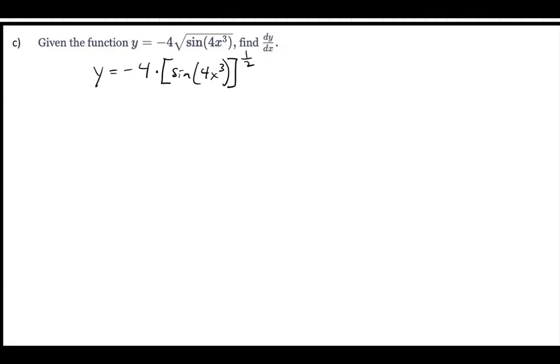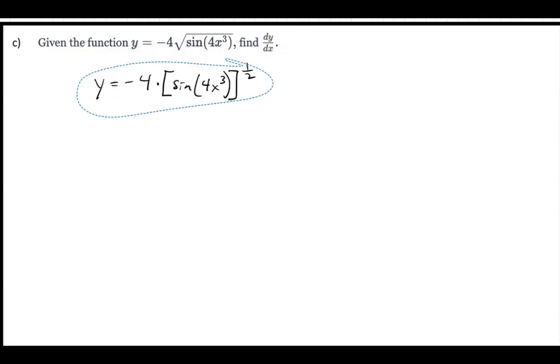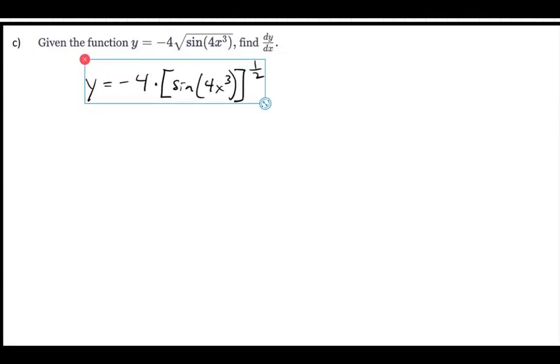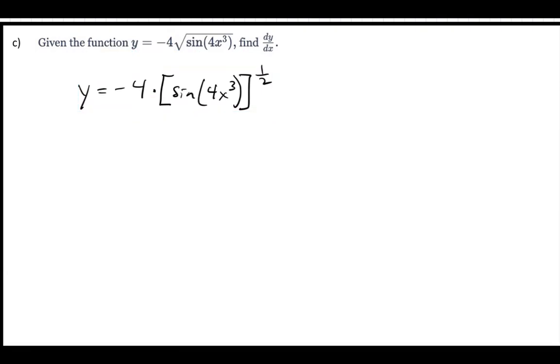Okay, so all right, we start with the outside first, right? The outside is the entire thing, but when we want to take the derivative of it, that's right here.